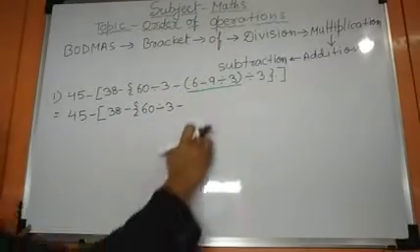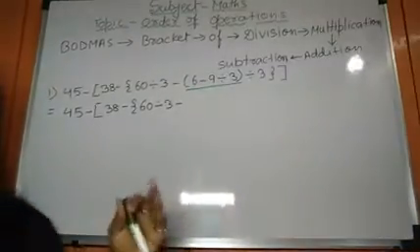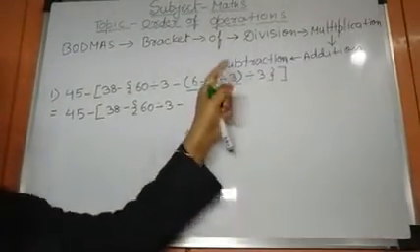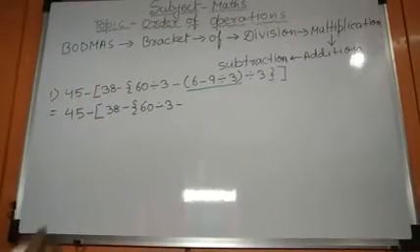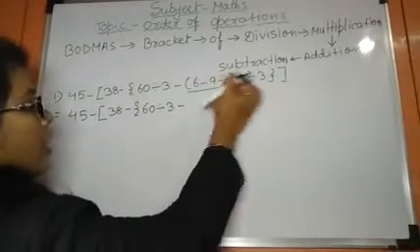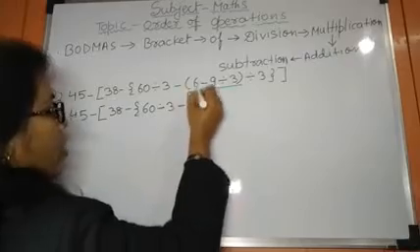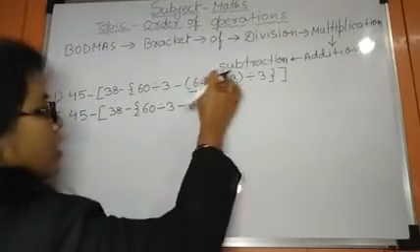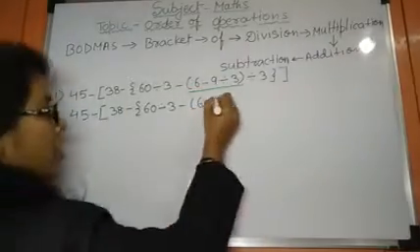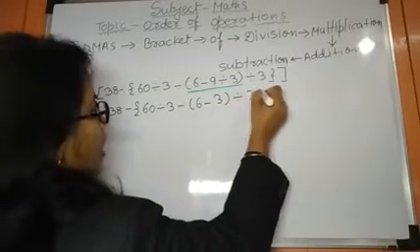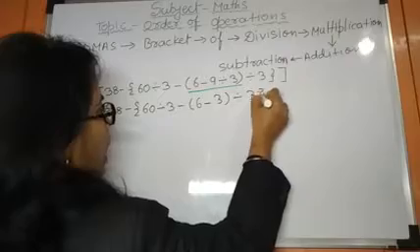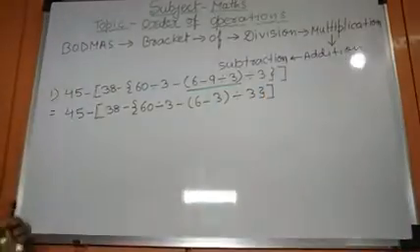Now this work. You know the DMAS rule. First of all, we have to do the division work and then we go to the subtraction work. So under this bracket, we will do 6 minus 9 divided by 3, that is 3. So we will write like this, divided by 3, then curly bracket closed, then square bracket closed.